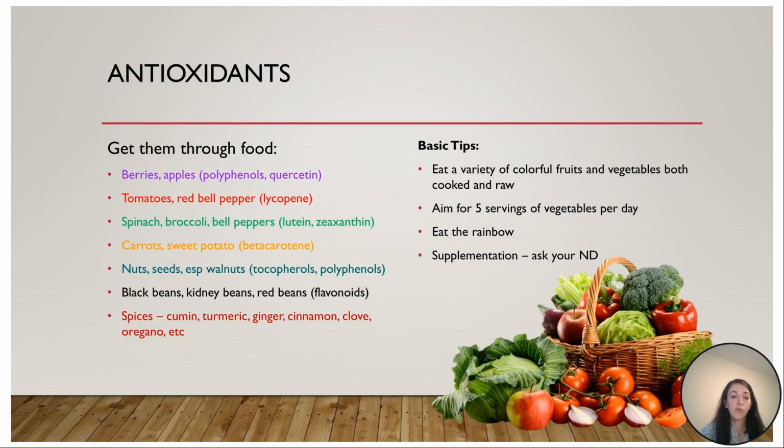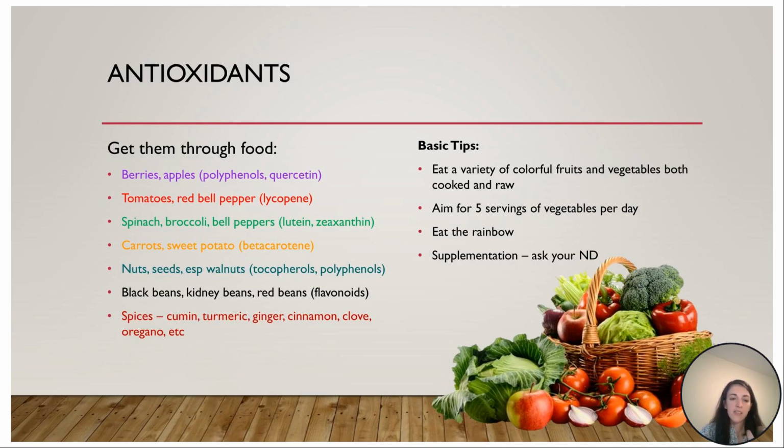And you can get them through food. This is one of the reasons why we often encourage people to eat the rainbow of fruits and vegetables, because you're getting different types of antioxidants that way. For example, berries and apples are high in proanthocyanidins and quercetin. Tomatoes and red bell pepper are higher in lycopene.